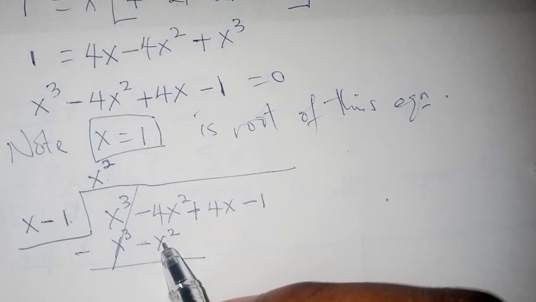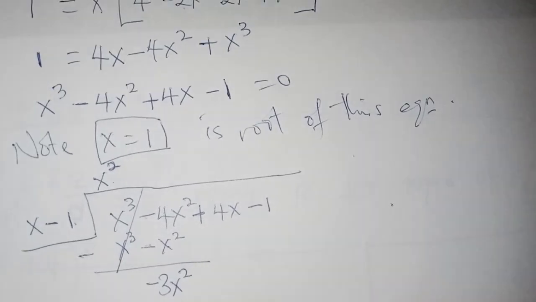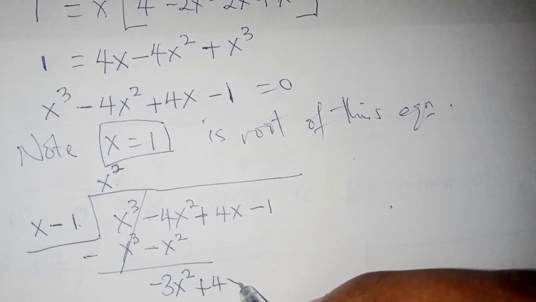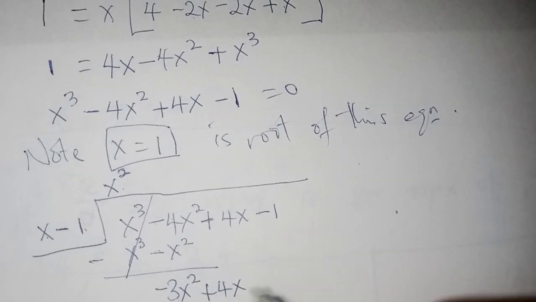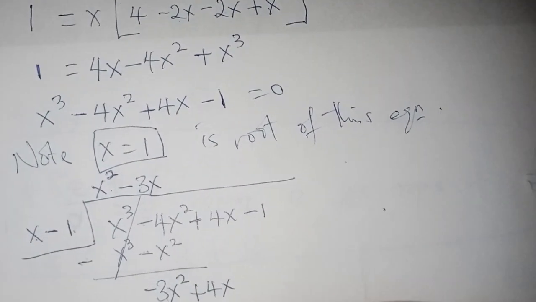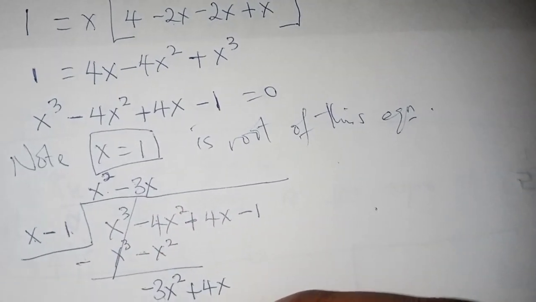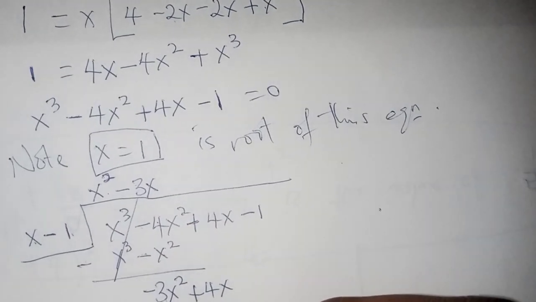Minus 4 plus 1 will give us minus 3x squared plus 4x. So x into this will give us minus 3x. When we multiply, we have minus 3x squared. This times this, plus 3x.